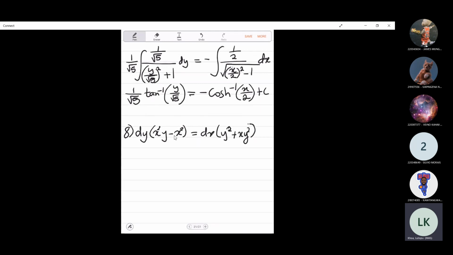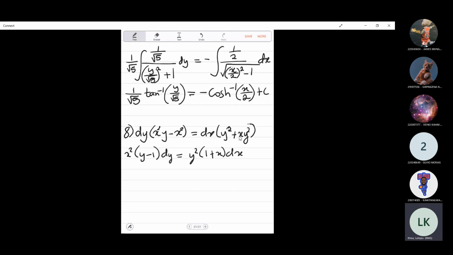So notice that in this bracket, x squared is a common factor, so I can factor it out. And similarly over here, y squared is a common factor, so I can factor it out. So when I factorize, what I have is x squared times y minus 1 dy. This is equal to y squared times 1 plus x dx.